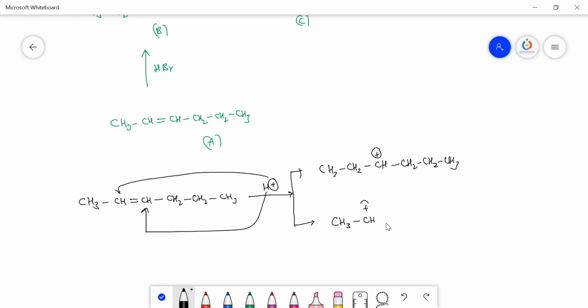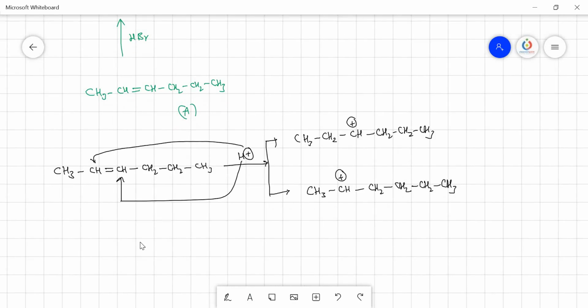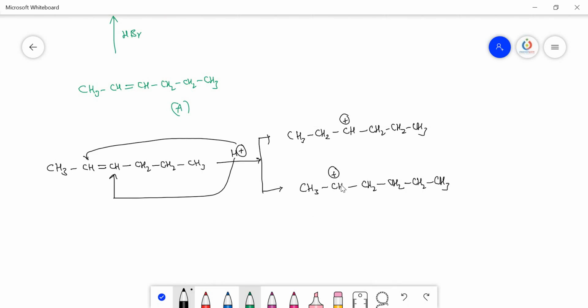CH3, CH plus, CH2, CH2, CH2 and CH3. 1, 2, 3, 4, 5, 6. Here also 1, 2, 3, 4, 5, 6. So two carbocations are there. Interestingly, both of these carbocations are secondary only, secondary carbocations.